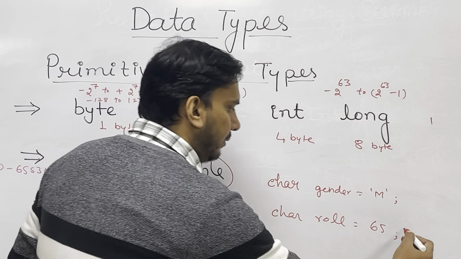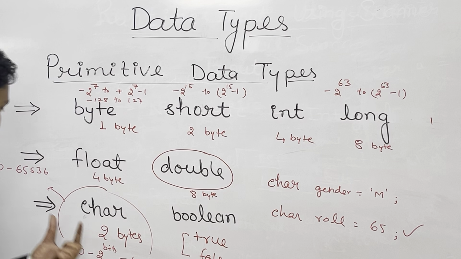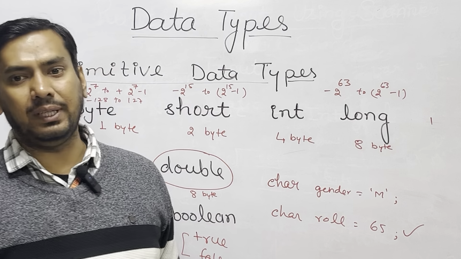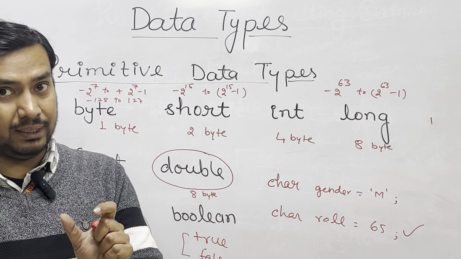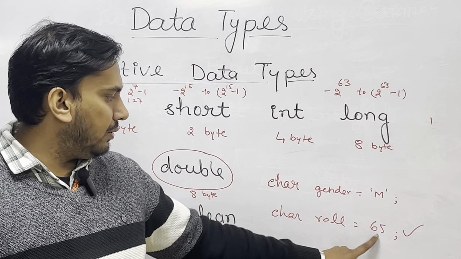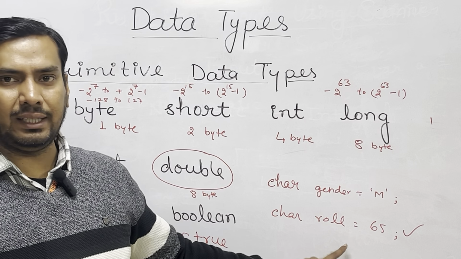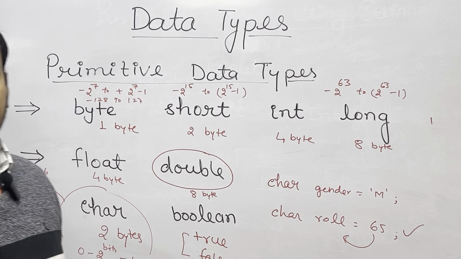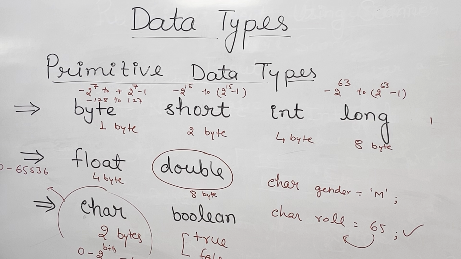This is also allowed. As I said, you can assign any value in this range to a char type variable. It can be directly done, so this is okay.